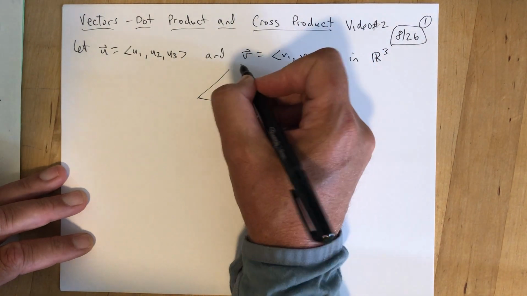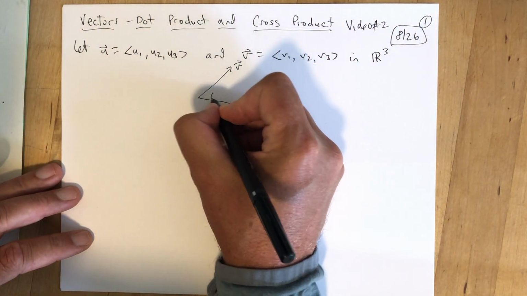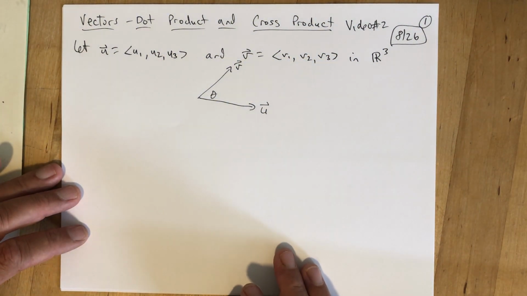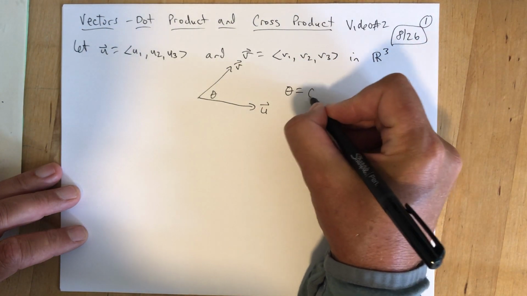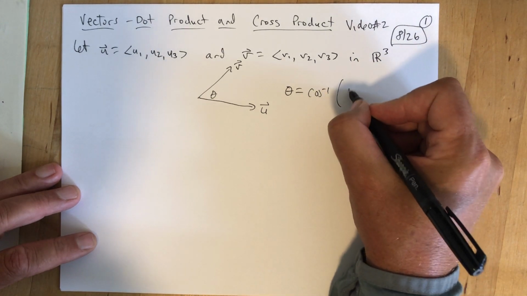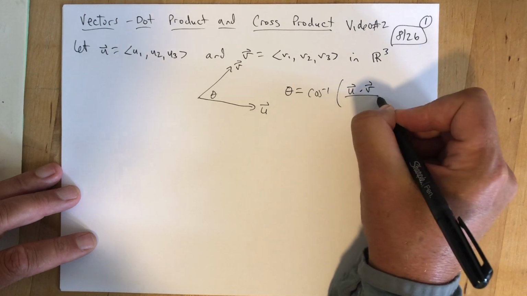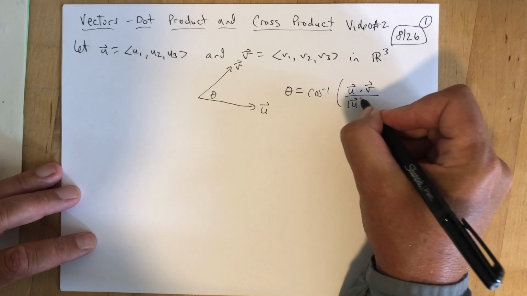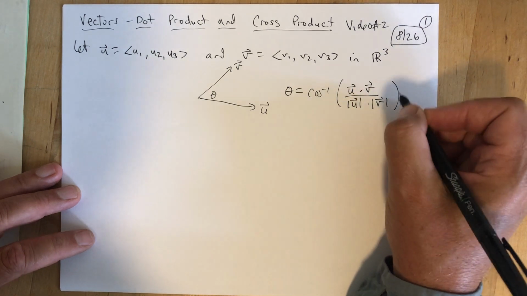Here's u and here's v. And so there's an angle between them, and this angle theta is the cosine inverse of u dotted with v over the norm of u times the norm of v.